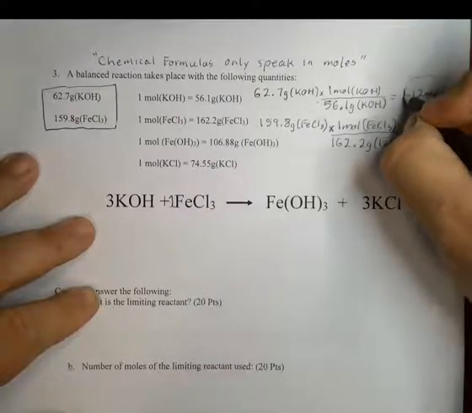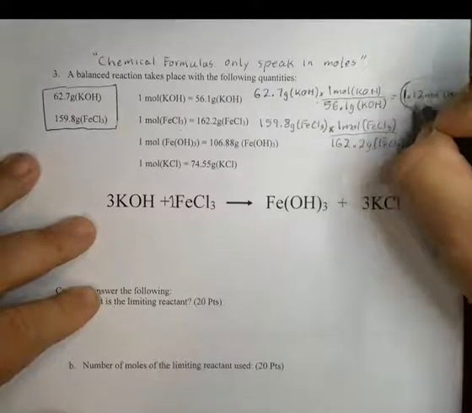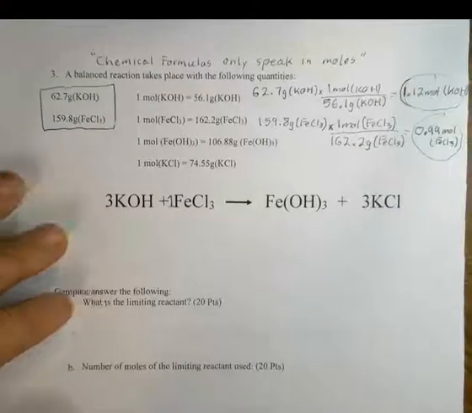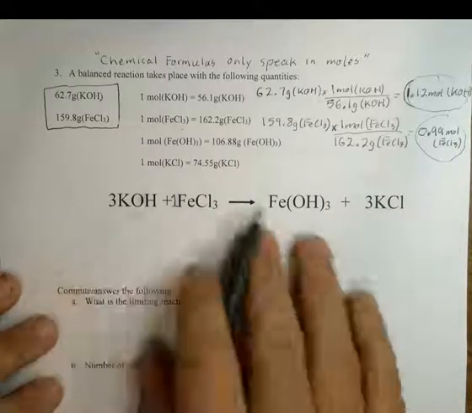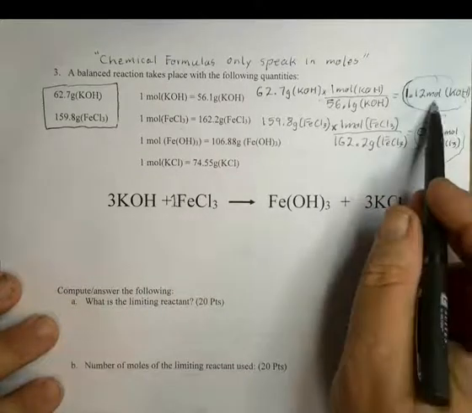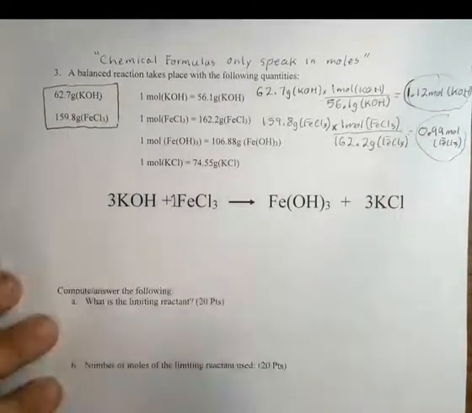And I covered up that 1 there. That's a 1.12 moles. So that will fit down here in the chemical reaction. The chemical equation understands these numbers. It does not understand these numbers.